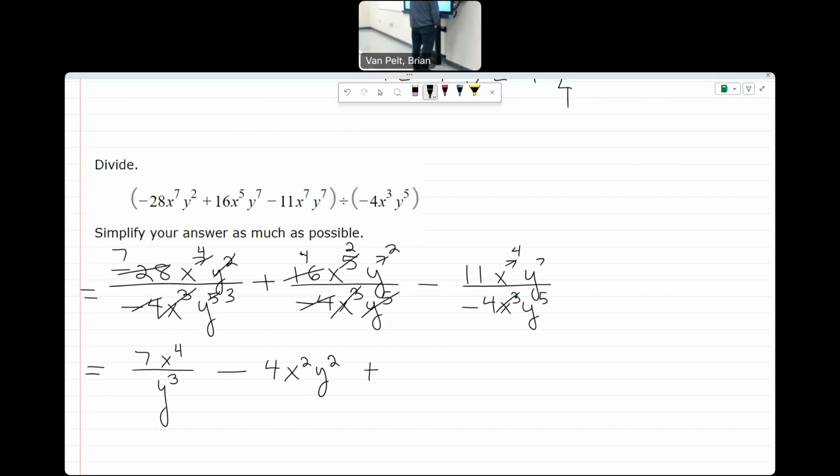X to the 4th, y to the 2nd. Put all 4 to 1. The machine will take it practically anyway, right? Question about that?